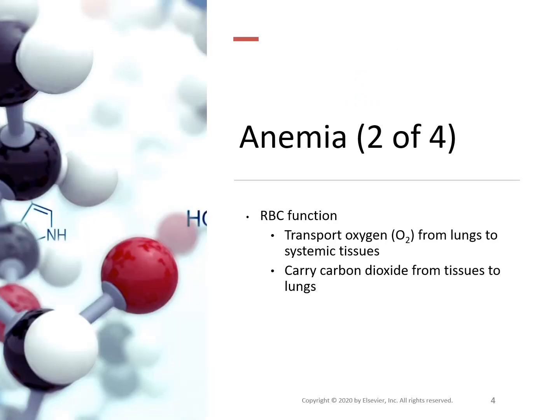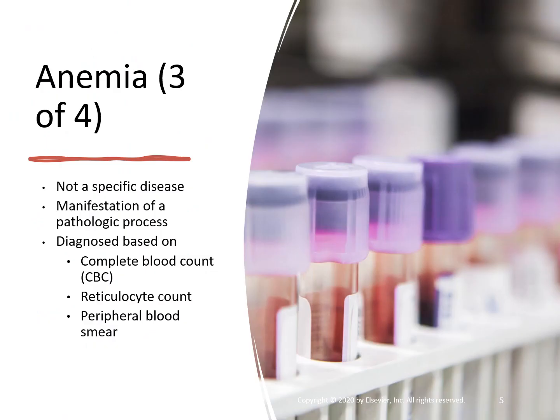The RBC function, you know that. This is just a review, so you review that. Anemia is not a specific disease, but it's based on your CBC. Now remember, in three classes ago, we looked at the CBC, what the components are, what are the norms, what do they mean. This is information you have to know as a nurse.